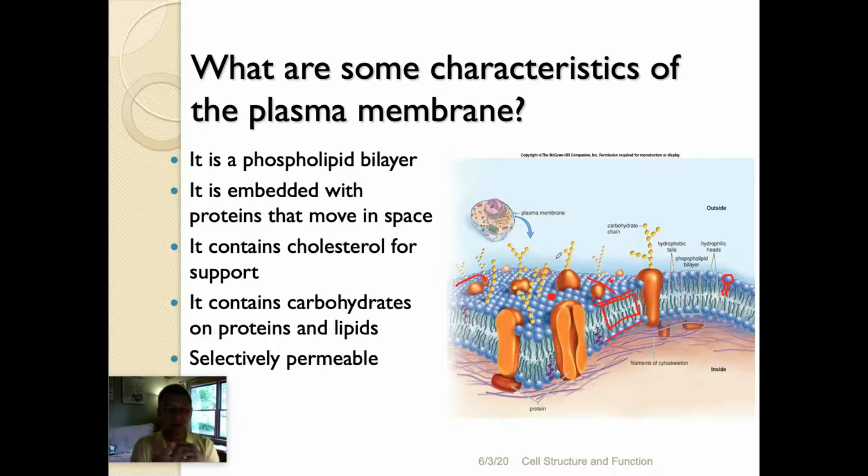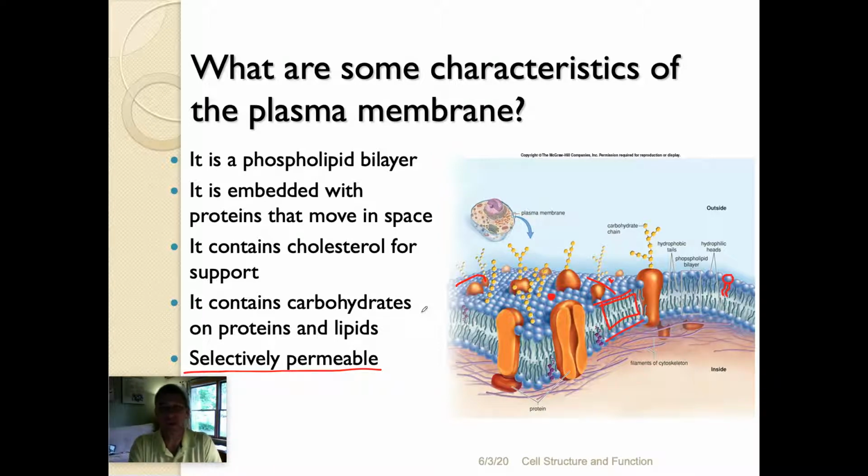They're constantly in motion, so it's not literally a solid brick wall, if you will. This allows it to be what we call selectively permeable, meaning that it will allow certain molecules in and certain molecules out. It will also prevent certain molecules from getting in or out, depending upon their structure. More on that in a little while, but keep that in mind.